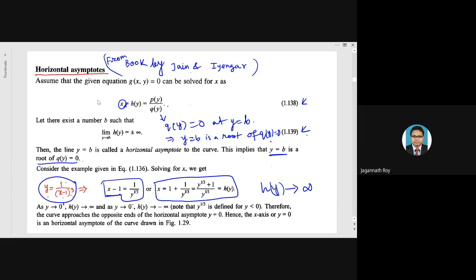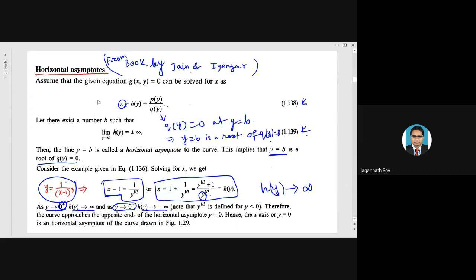This can be done with y going to 0: the right hand limit, because y is in the denominator, goes to plus infinity, and the left hand limit goes to negative infinity.